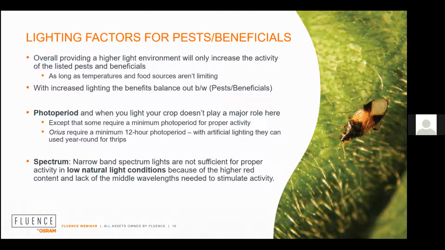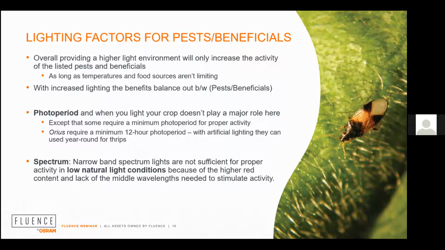So before, if you did not have artificial or supplemental lighting in your greenhouse during the winter months, you couldn't use aureus to treat thrips. Now, if you have artificial lighting, you can use aureus all 12 months to treat all your thrips. So that's just another advantage of supplemental lighting in general.